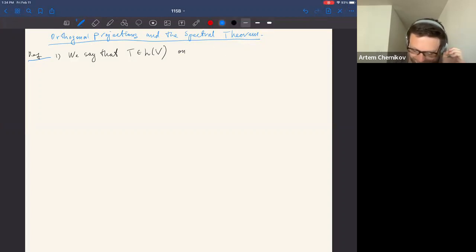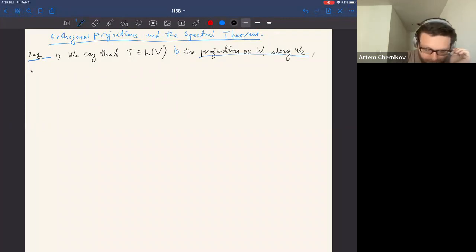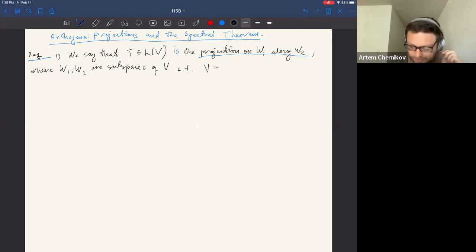So we say that a linear operator T is the projection on W1 along W2, where both W1, W2 are subspaces of V, such that V is the direct sum of these two subspaces.